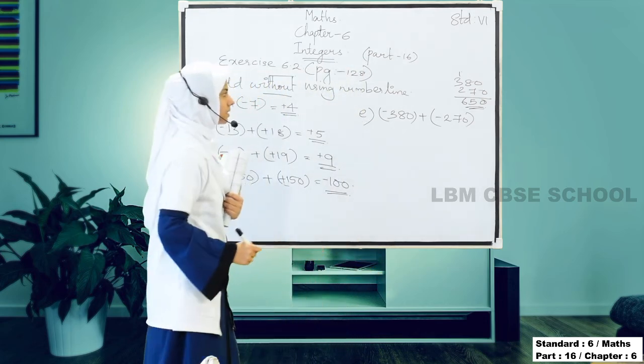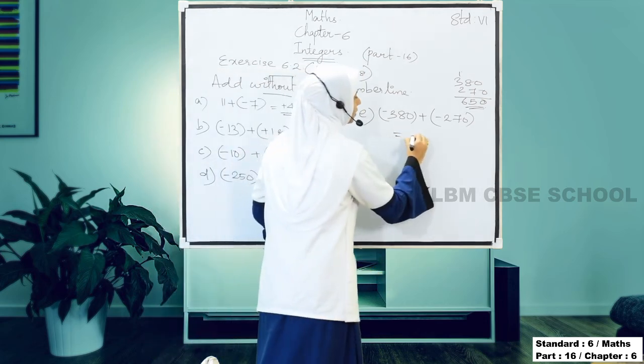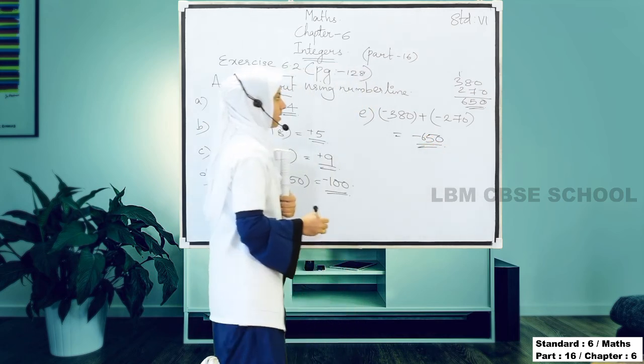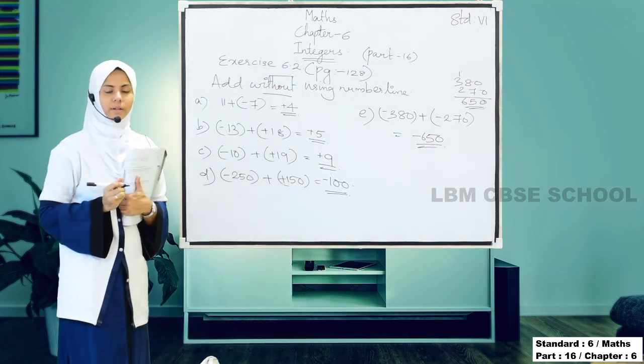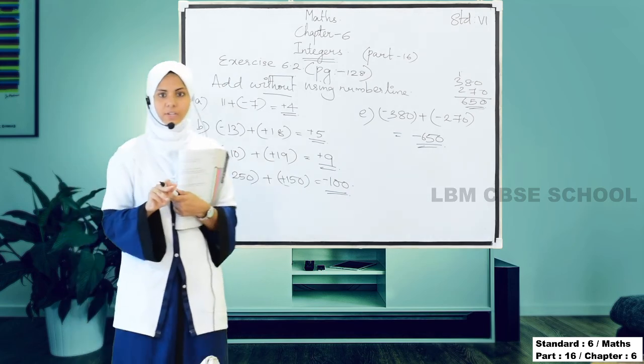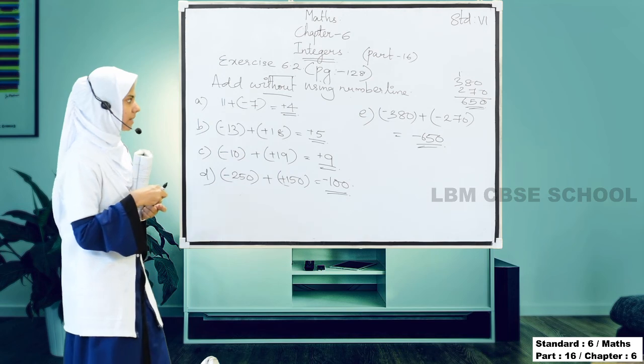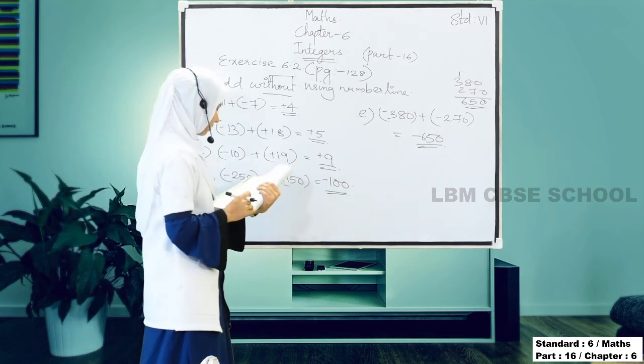So the sum is 650 and we have to put the negative sign because our rule is that. What is our rule? If the question is to add two negative numbers, we add them and give the negative sign. That is the rule. So that question is over.